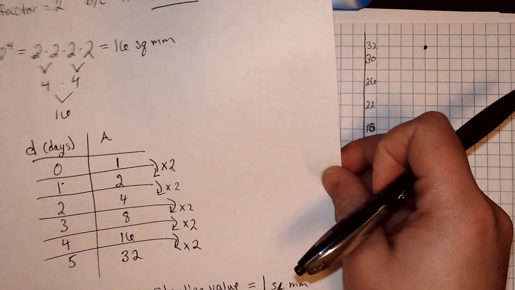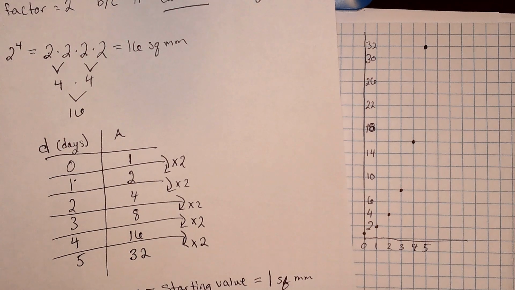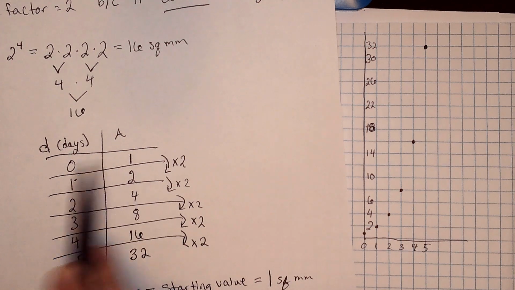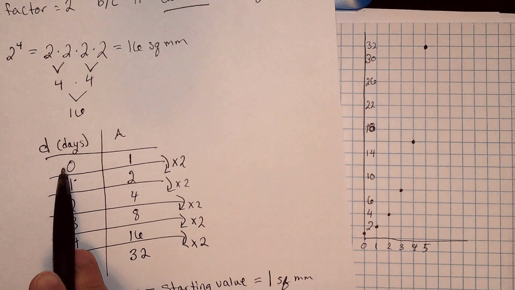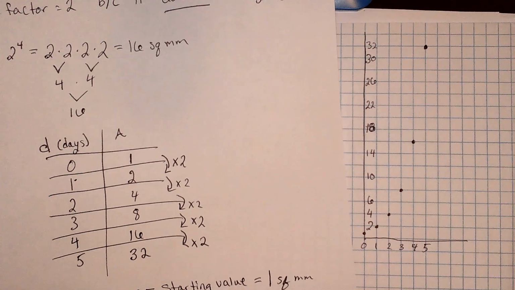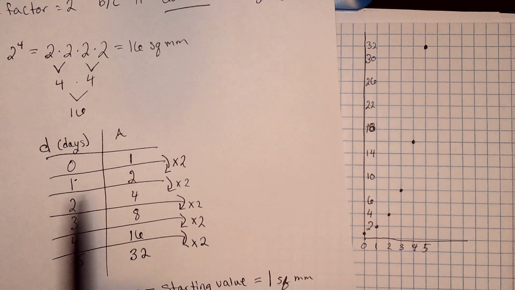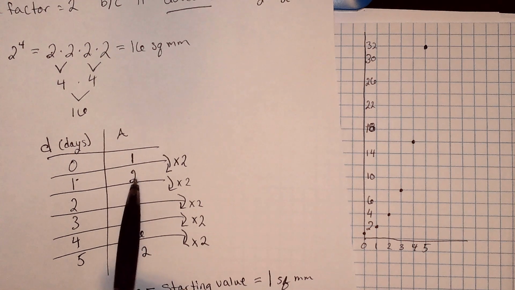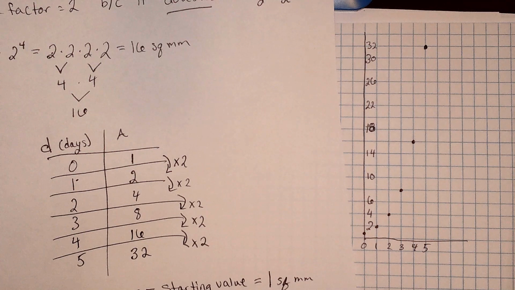So if we look back here at our table, if I ask how much mold was on day 1, it's just 2 square millimeters of mold. If I ask how much mold was on day 3, we have just 8 square millimeters of mold. There's not going to be 2 options.